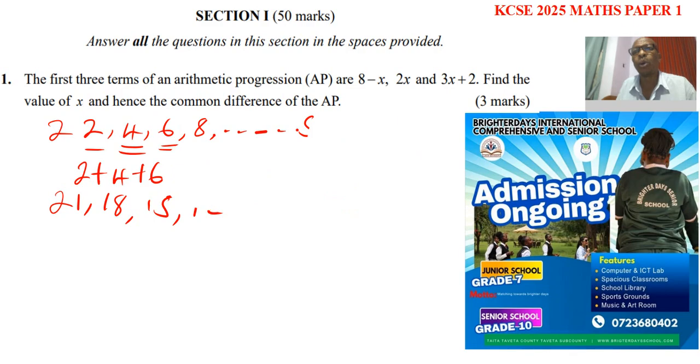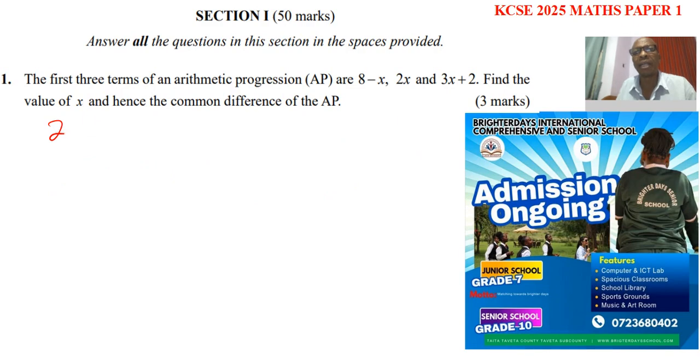From what we have been given, since we are told that 8 minus x, 2x, and 3x plus 2 are 3 terms of the arithmetic progression, let's write that properly.